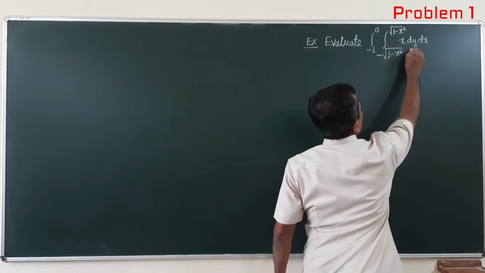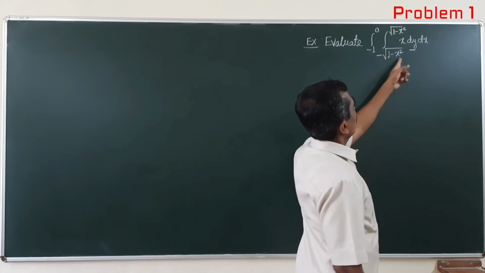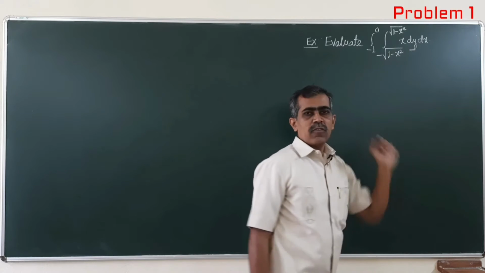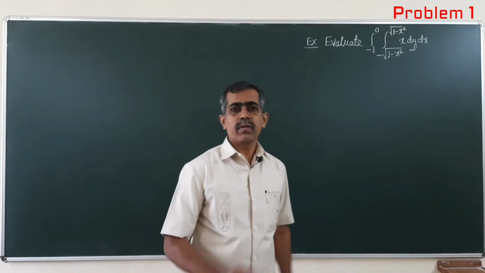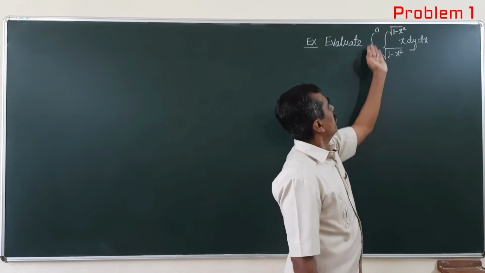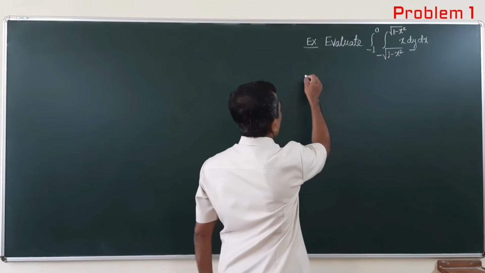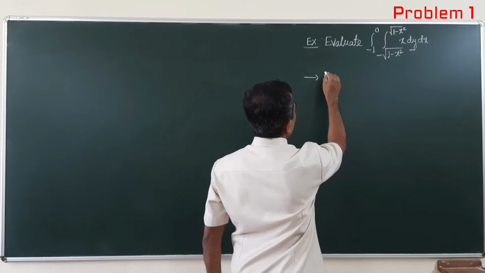This is with respect to y first. So the limits of y are: y runs from -√(1 - x²) to +√(1 - x²), and the limits of x are -1 to 0. First of all, we will note the limits.